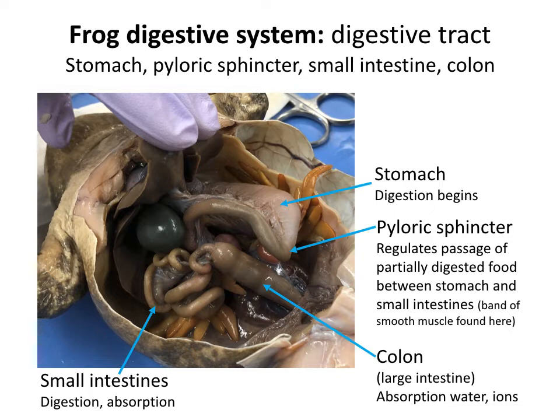Okay, so the parts that you can't see above the liver, there is a lung towards the sort of dorsal side of the frog. It's not like our lungs, it's not in a separate cavity. And we'll talk more about that later. In human beings, the thoracic cavity is separated from the abdominal cavity by the diaphragm.